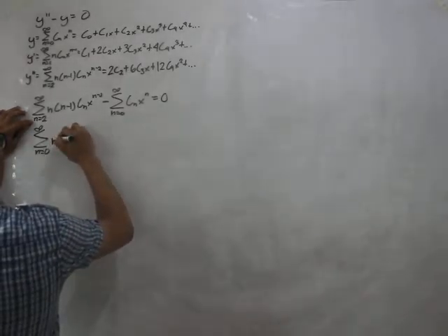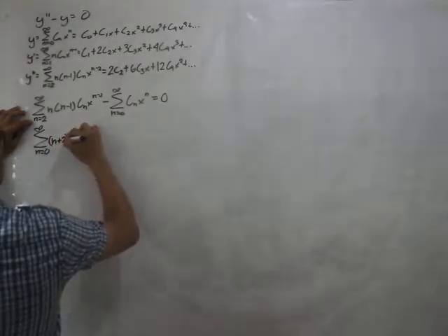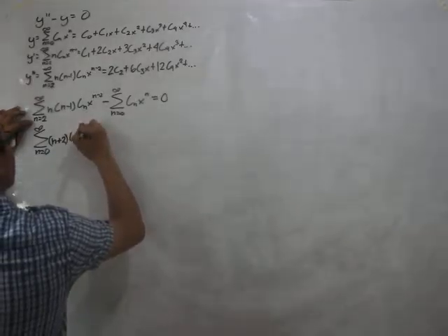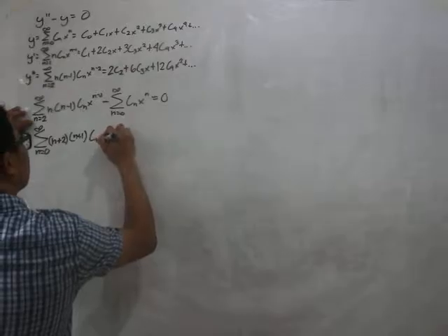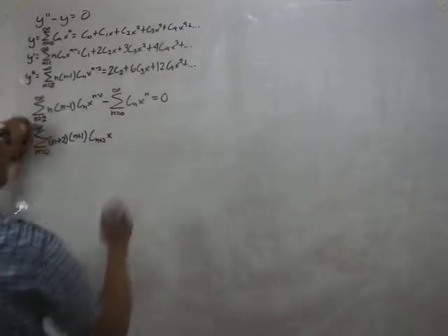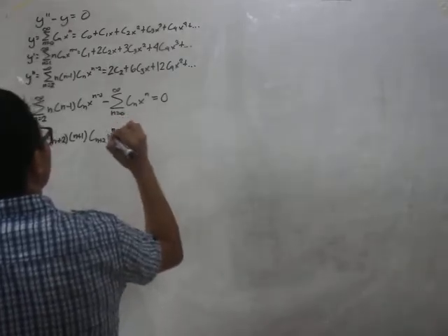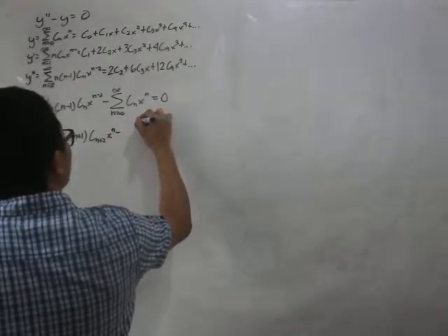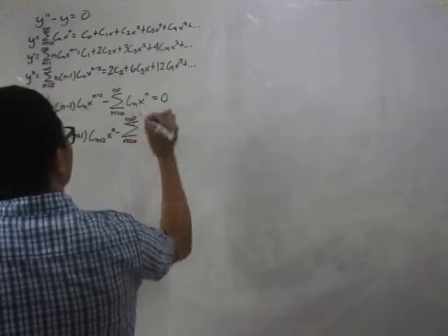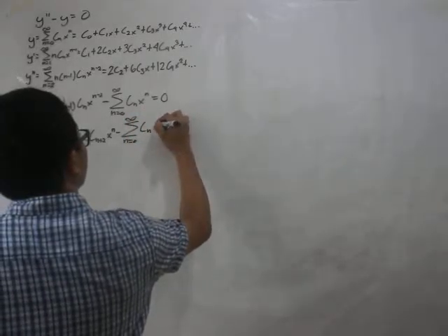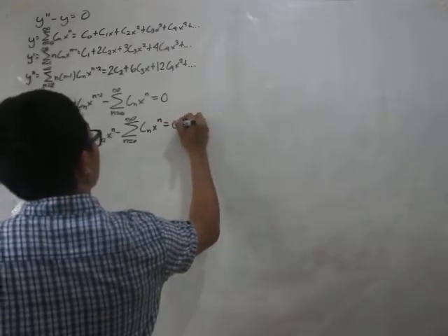So it will become n plus 2, n plus 1, c sub n plus 2 times x raised to n, minus, and just copy this, the sum from n equals 0 of c sub n is equal to 0.